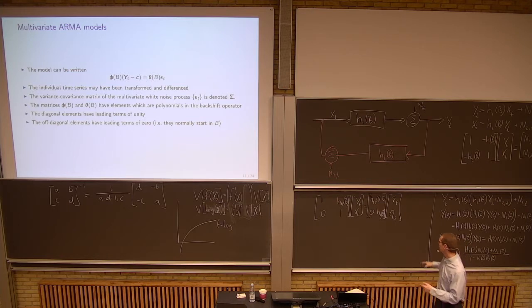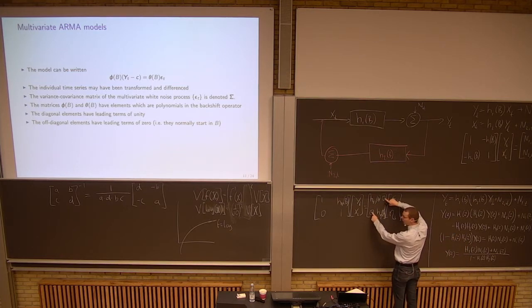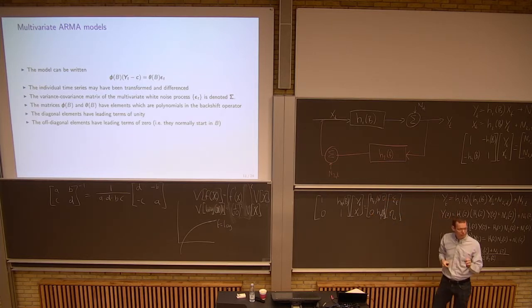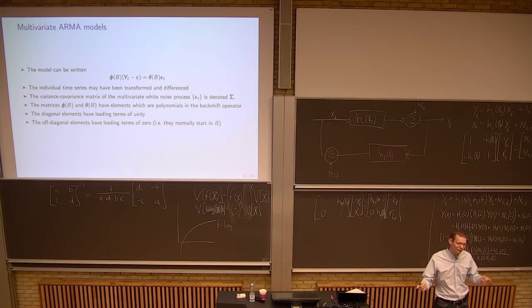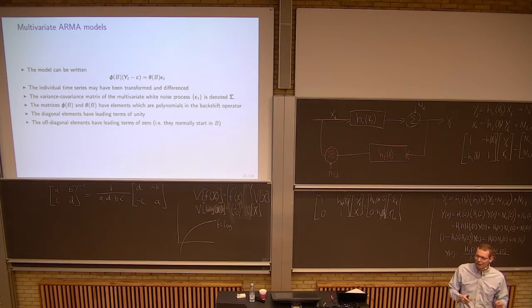If you say that the leading terms off diagonal here are zeros, that means that the b to the 0 order is a 0 here. Then if you want to have correlation, you should put it in the correlation structure of your epsilons. Because otherwise you have two ways of doing the same thing. Now, if you want to estimate two parameters, but there's actually only one, what happens then? You have a numerical problem where there's an infinite number of solutions.